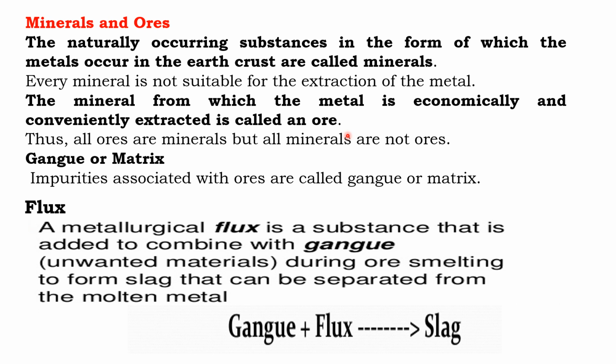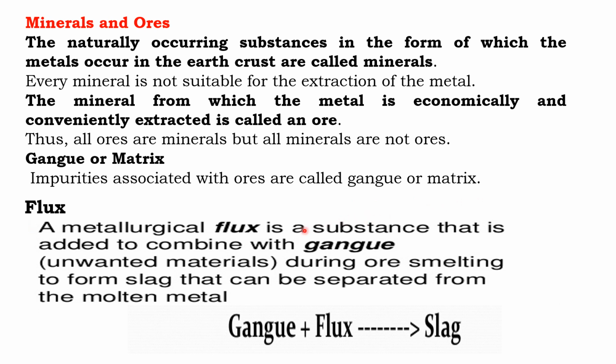We use some of the minerals for the extraction of metals and they are called ores. The impurities associated with the ores are called gangue or matrix. So any mineral in the combined form could be classified as an ore, and any ore is associated with some impurities, and those impurities are called gangue or matrix.